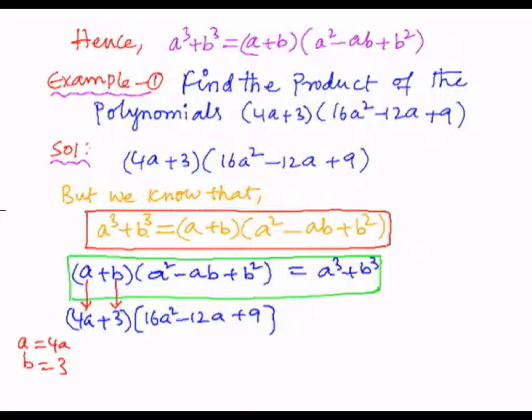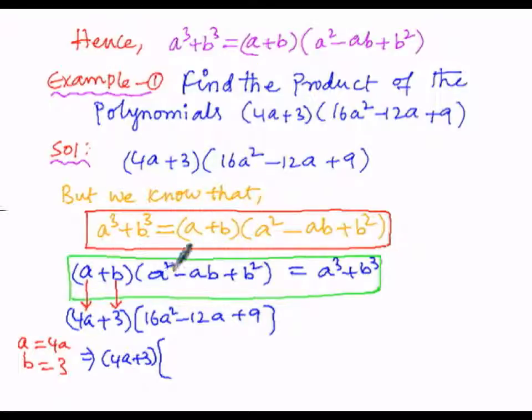Then 4a plus 3 into 16a square minus 12a plus 9 can be written as 4a plus 3, which is in the form of a plus b, into 16a square minus 12a plus 9, which must be written in the form of a square minus ab plus b square.